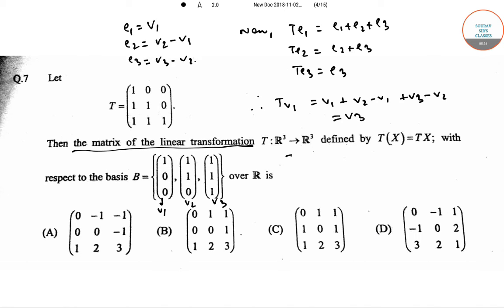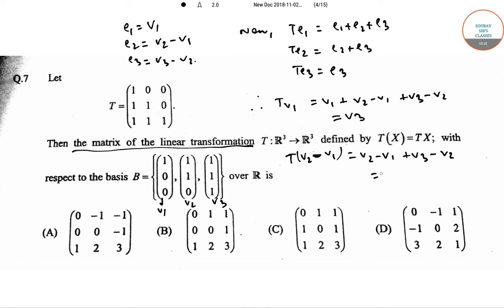Now similarly, E2 can be replaced by V2 minus V1. So T of V2 minus V1 is equal to V2 minus V1 plus V3 minus V2.